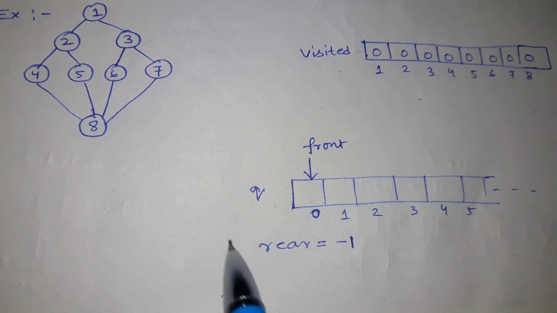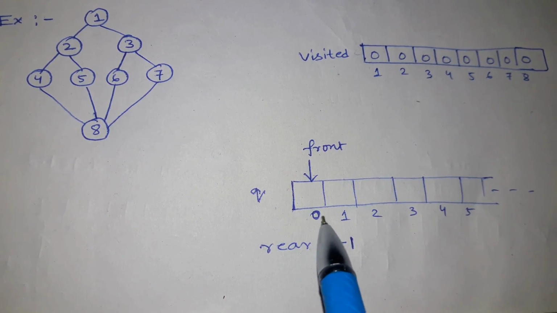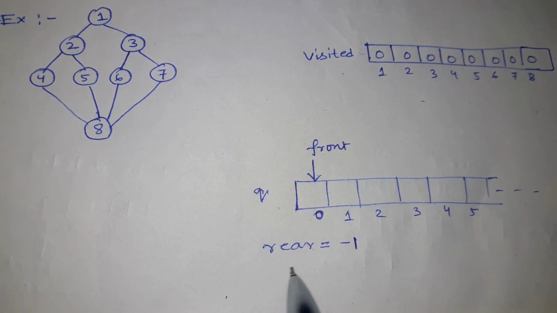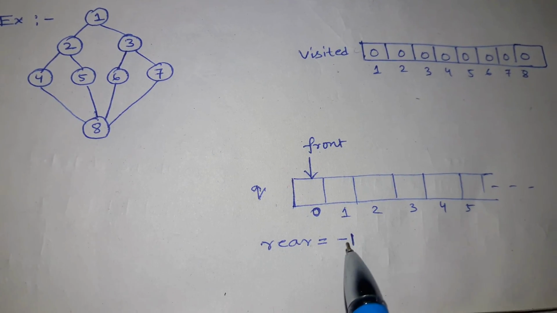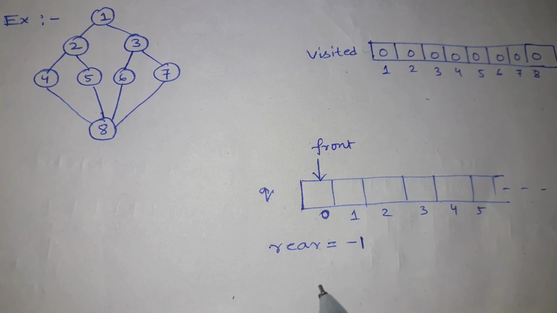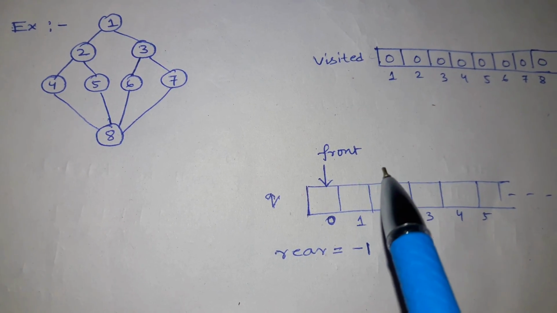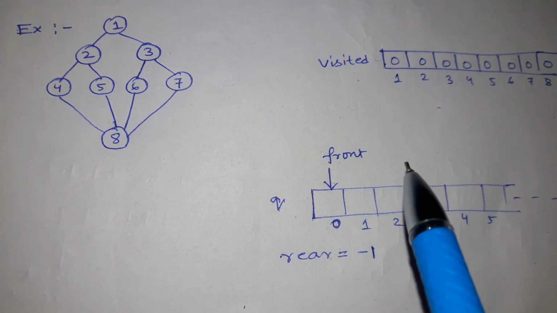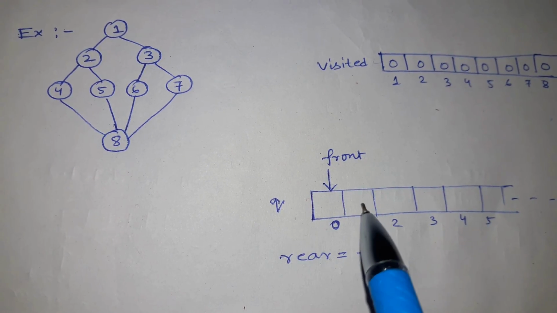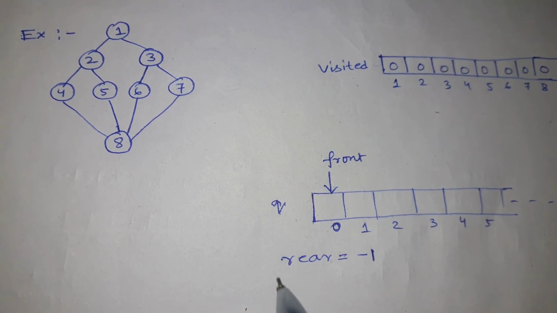Here for this algorithm, front will be initialized with 0, and rear will be initialized with -1. The insertion and deletion operations are a virtual concept of the queue, meaning the front part will be updated for deletion, and for insertion the rear end will be updated.